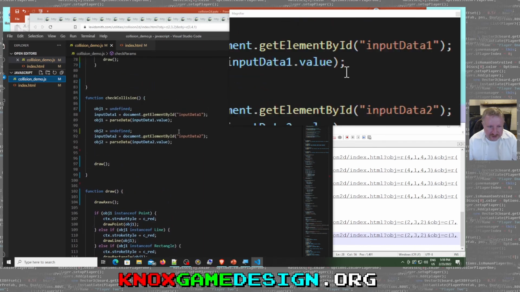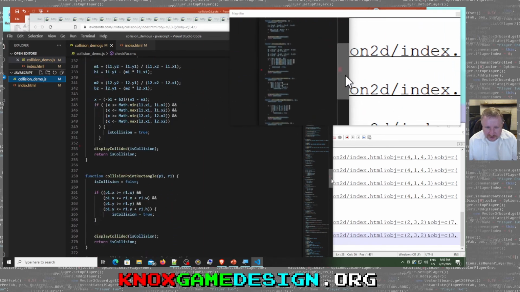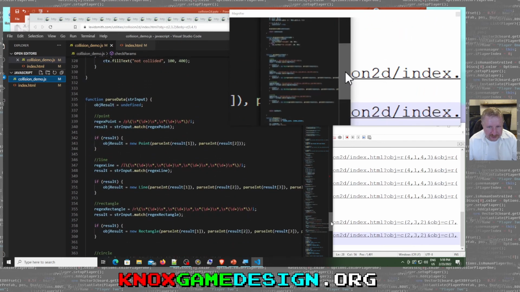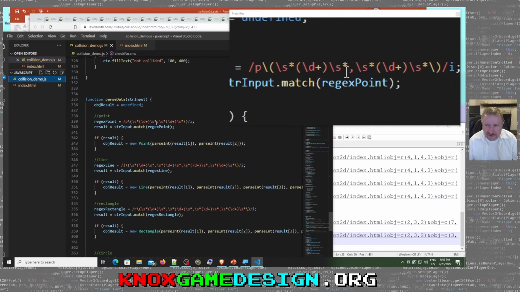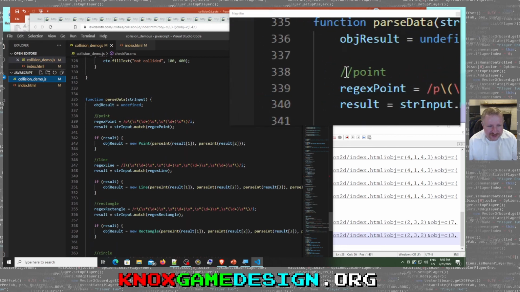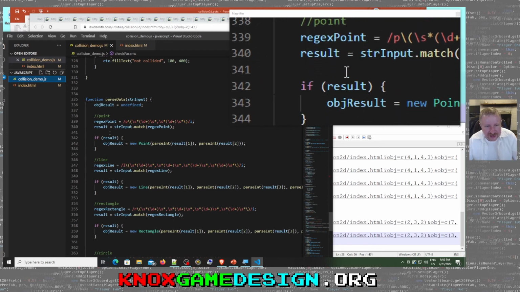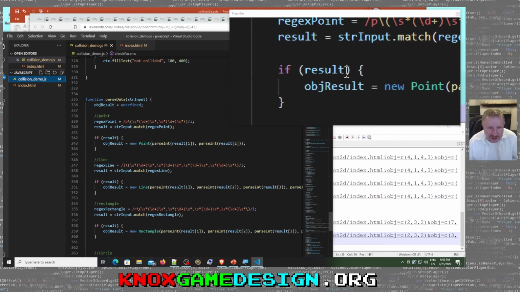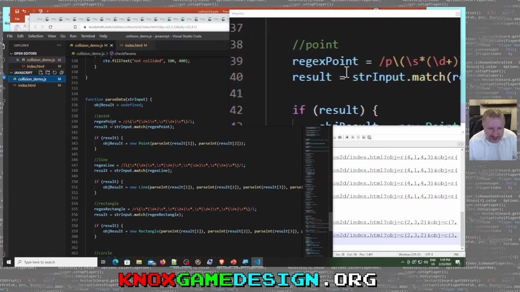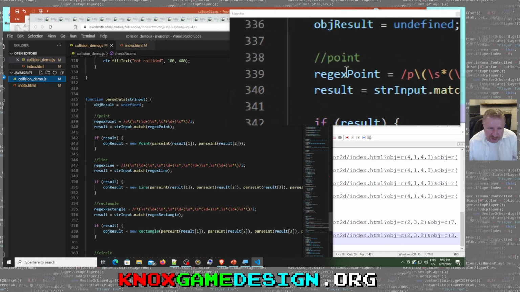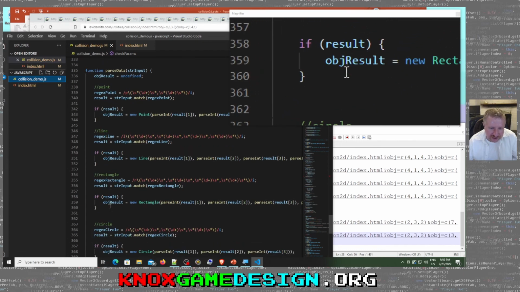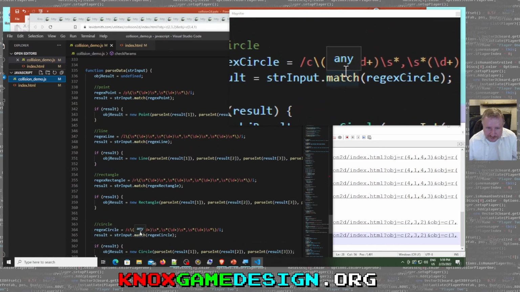So basically, this parse data is going to take those two values. Then it's going to run a regex. I've been getting really good with regular expressions lately. So it's going to run a regex for each of the two objects, and one for each object type: a regex for a point, a regex for a line, a regex for a rectangle, and a regex for a circle.